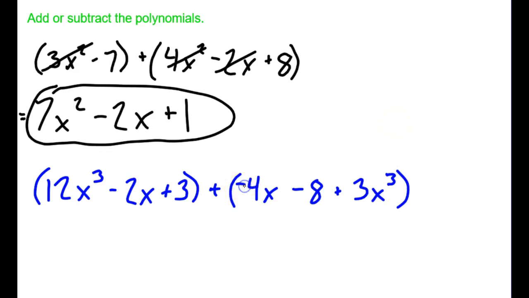So this will become a negative 4x plus 8, and now we're going to add a negative 3x cubed. Now we can go through and combine like terms. Our highest degree is 3, so we have 12x cubed plus a negative 3x cubed, so 12 minus 3, that is going to get us 9x cubed.